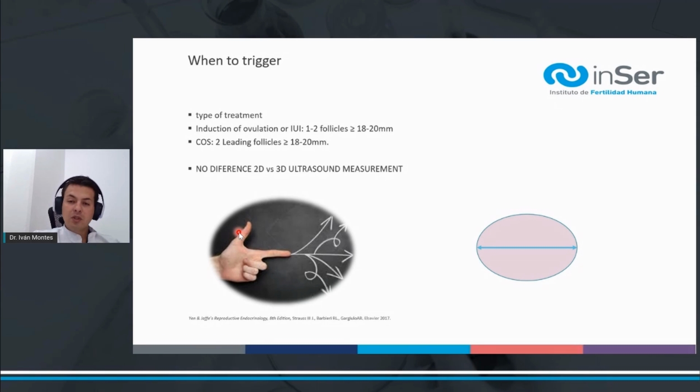You take the 2 perpendicular diameters, add them, and divide by 2. And this is an example. If you have a first diameter that is, I don't know, 20 millimeters, and the other one is 16, 16 plus 20 makes 36, divided by 2, and it makes 18 millimeters. So this follicle would measure 18 millimeters.